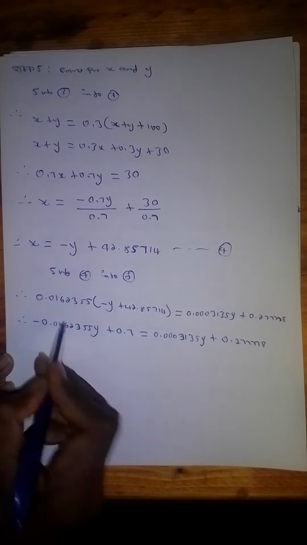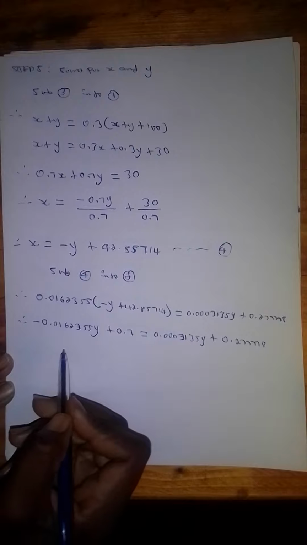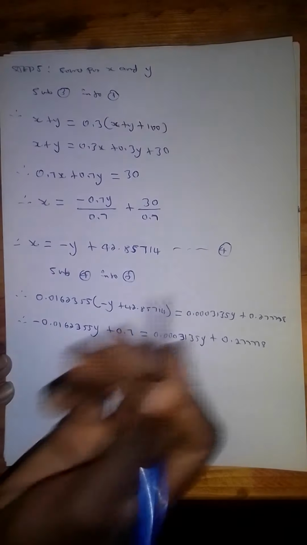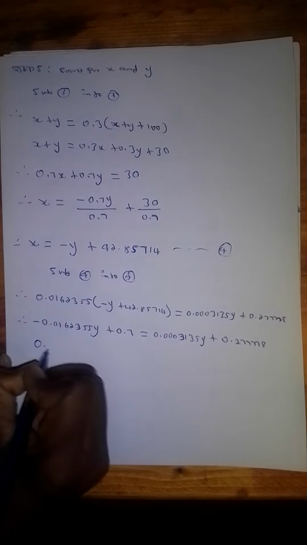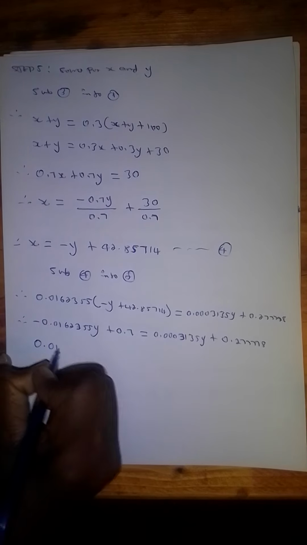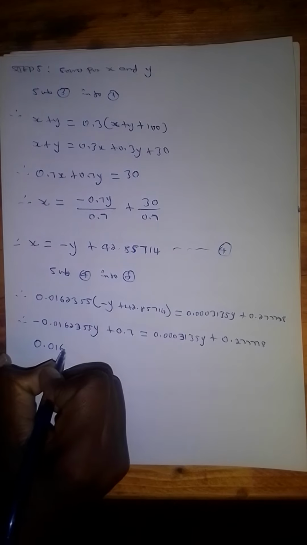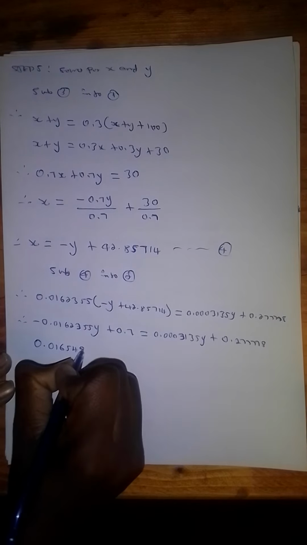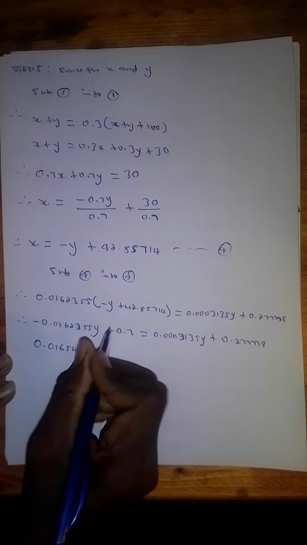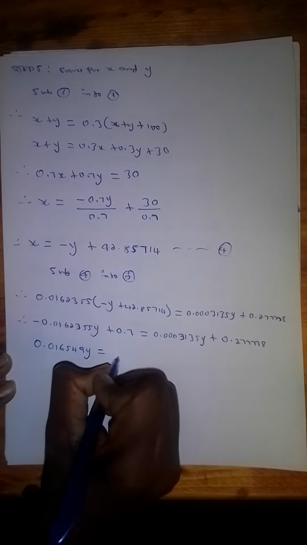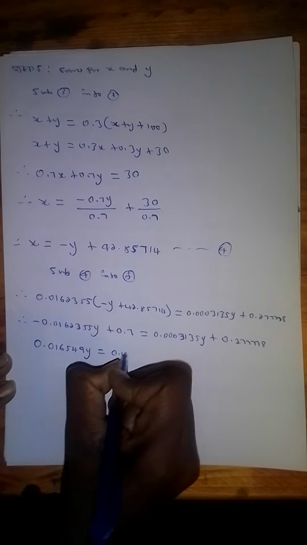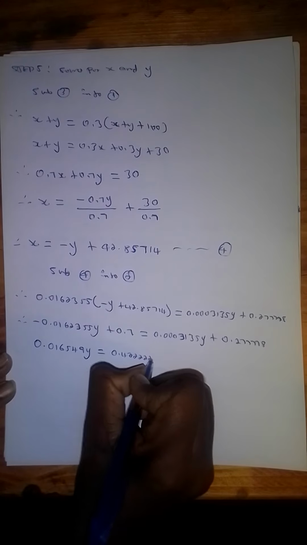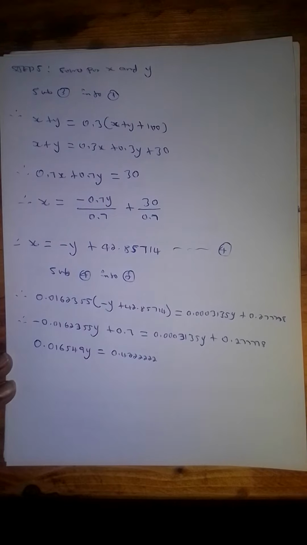You realize that we have the y's as like terms, so we can easily bring one here or bring the other one there. If you simplify it, it will be 0.016549y equals 0.422222.